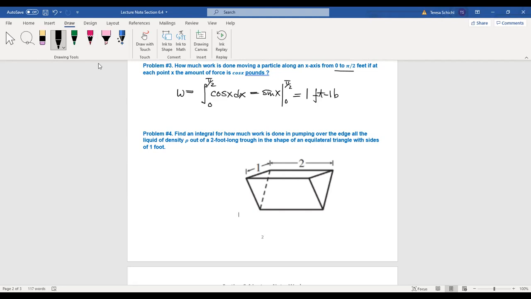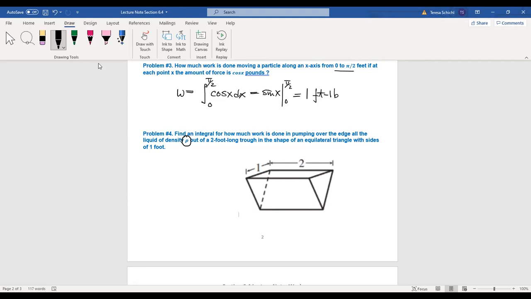I give the density of the liquid; I don't know what type of liquid it is, just rho. So first, I want to find the work, right?